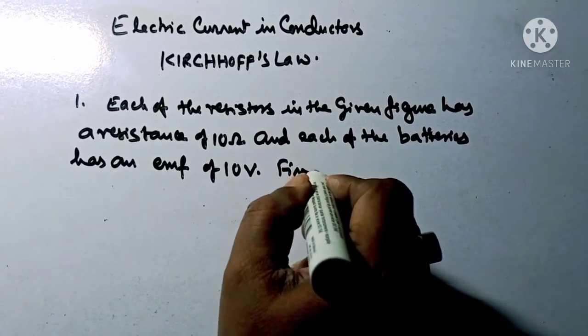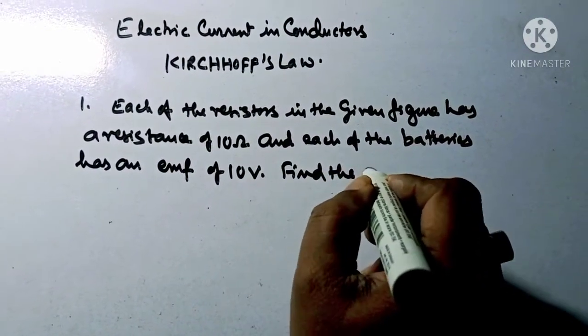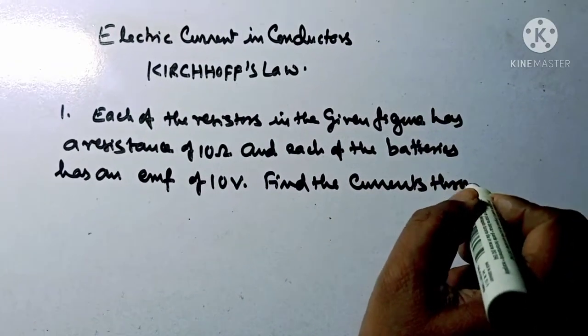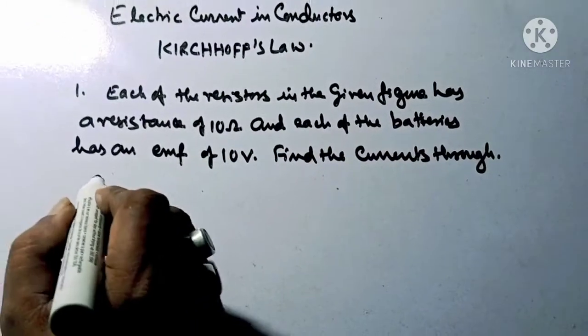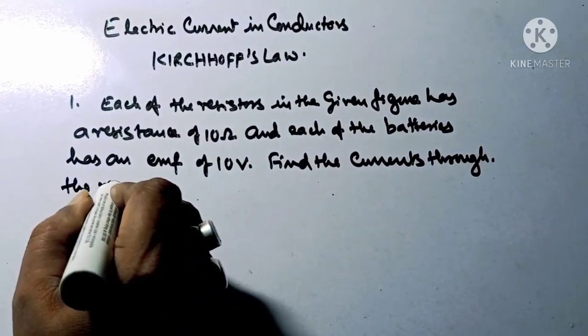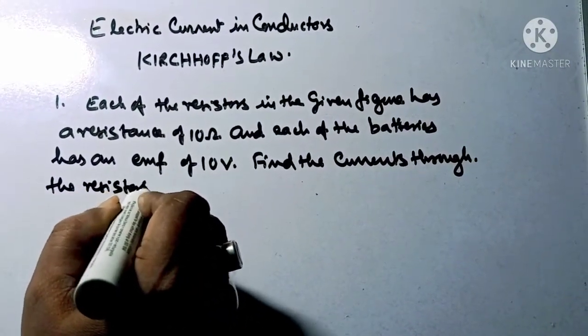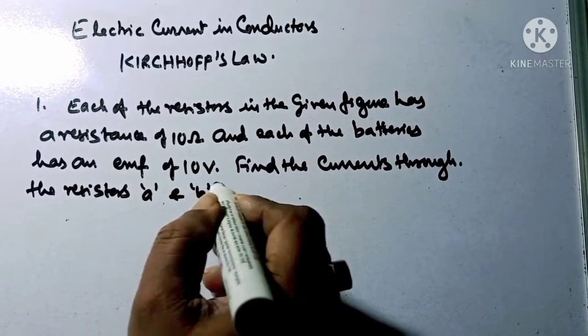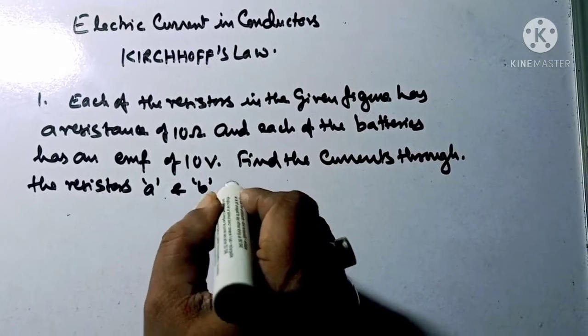Find the currents through the resistors A and B in the two circuits.